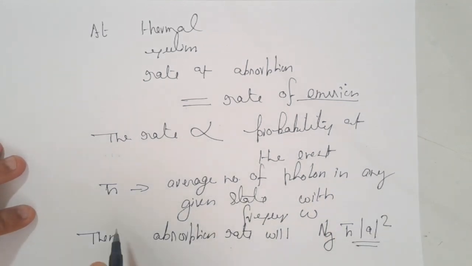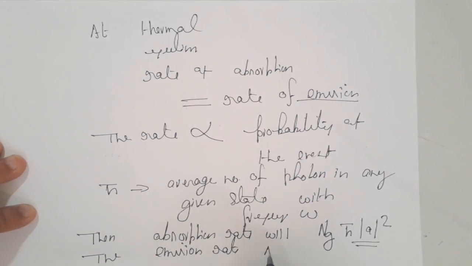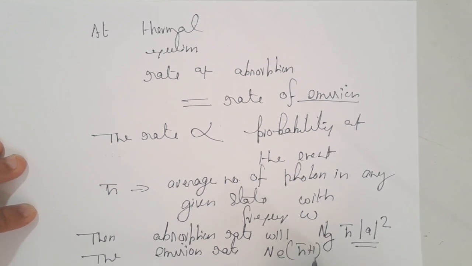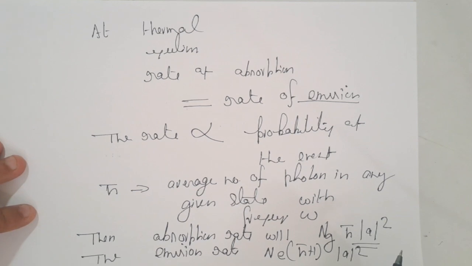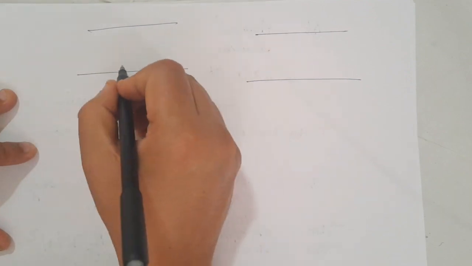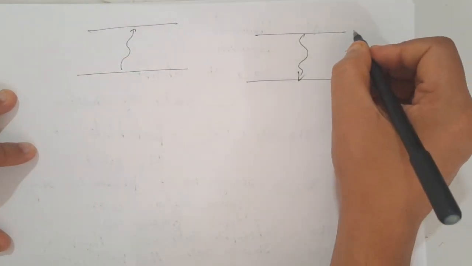In the same way, the emission rate will be Ne (n bar plus 1) A squared. This is absorption, this is emission.